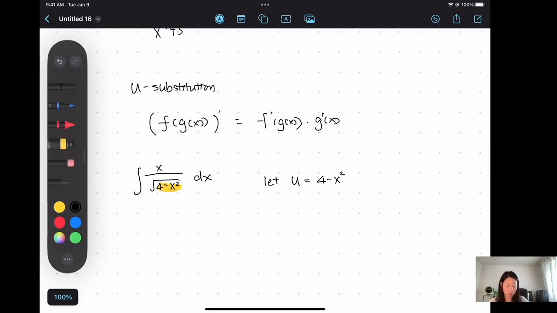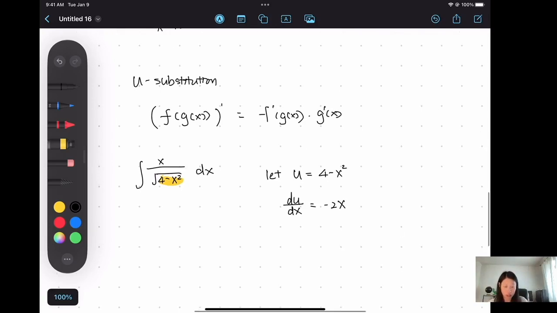And then the next step is I take the derivative of u. So on the right side, I have negative 2x. Now you can treat this derivative as a fraction, but it's not a fraction, but you can treat it as a fraction. And next, try to solve for dx.